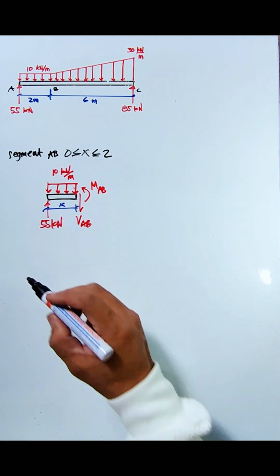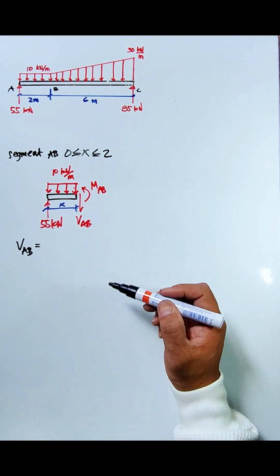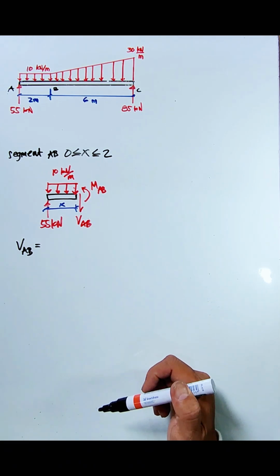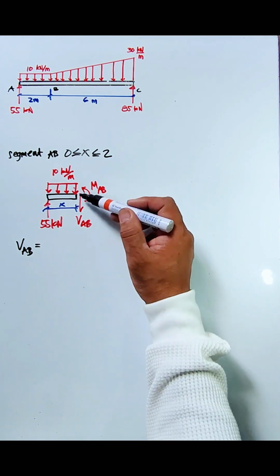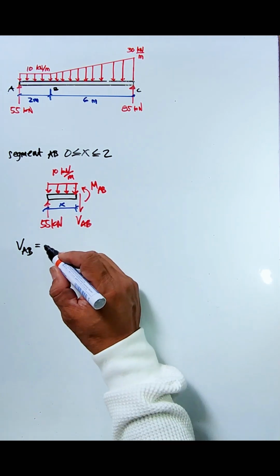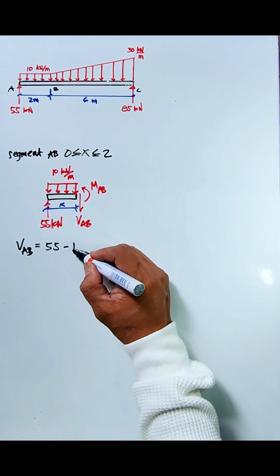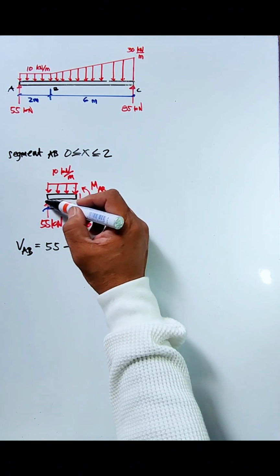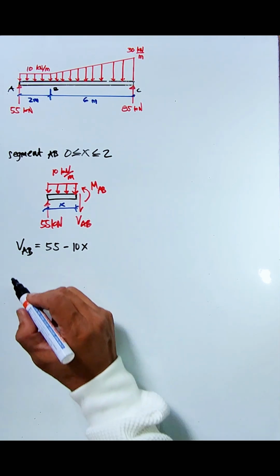So our shear equation, VAB, our sign convention is that on the left side of this section, upward forces will be positive. So those forces opposite this direction will be positive. So we have 55, and this one will be negative. The resultant would be 10 times x, or 10x. So that's our shear equation.